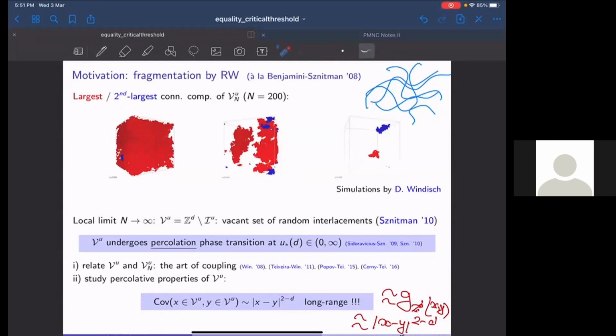What this means qualitatively is the following: if you condition on one vertex to be open, it throws open, on average, in expectation, infinitely many additional vertices. So this is a truly infinite range of dependence that you have to deal with.